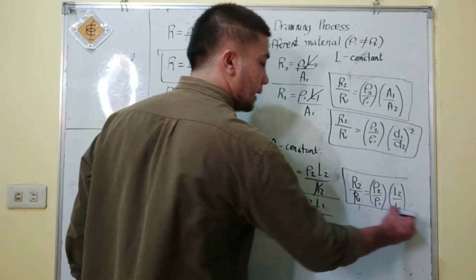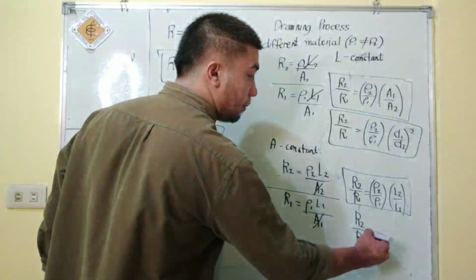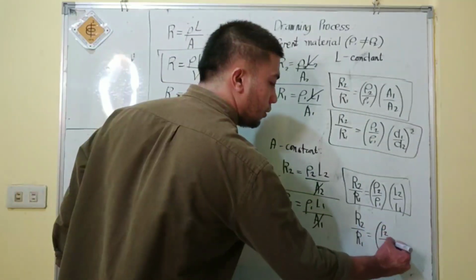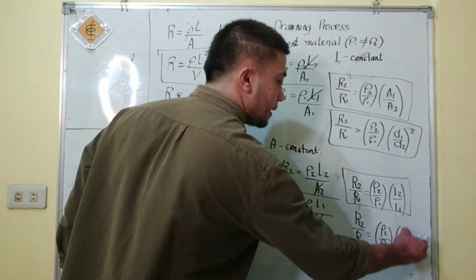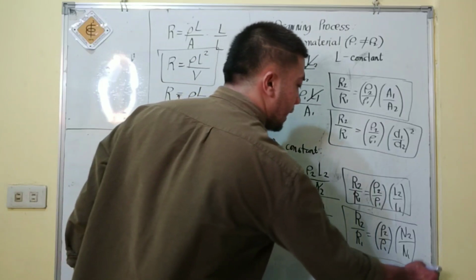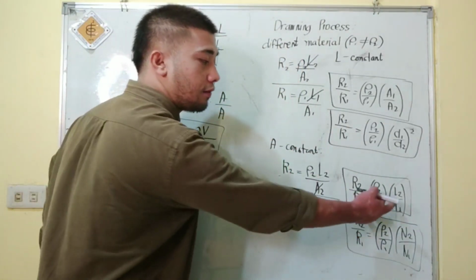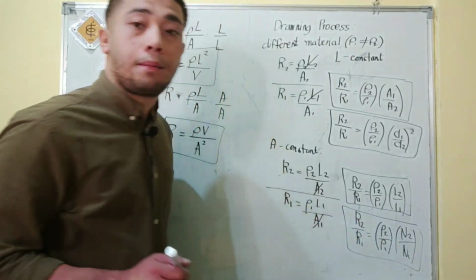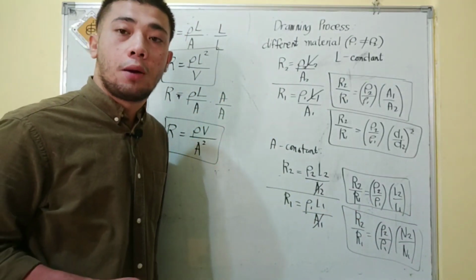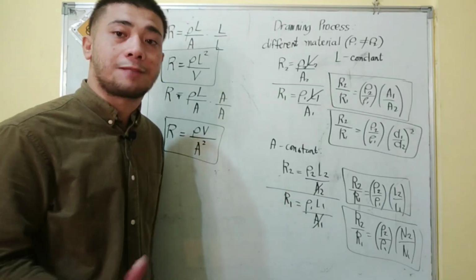And the other one, in terms of number of turns, is R2 over R1 equal to rho 2 over rho 1 times N2 over N1. So this is the formula for the resistance in the drawing process in terms of length or number of turns. Again, they are directly proportional. I'll give an example to further elaborate and explain these principles.